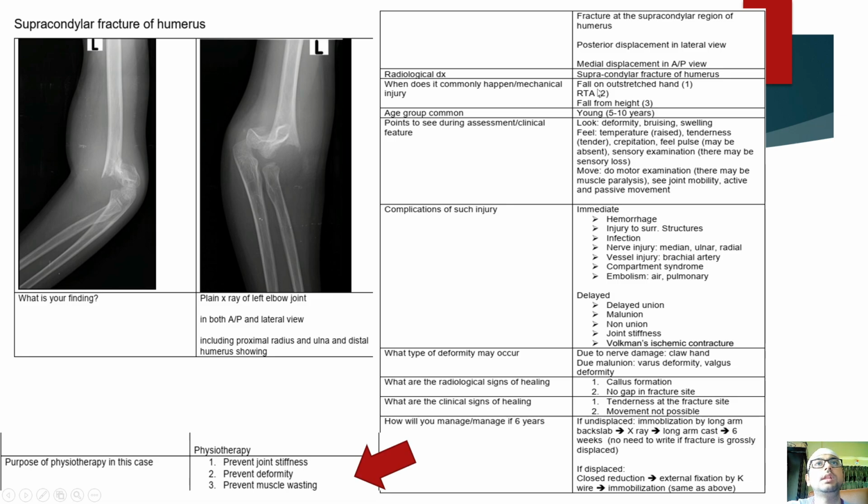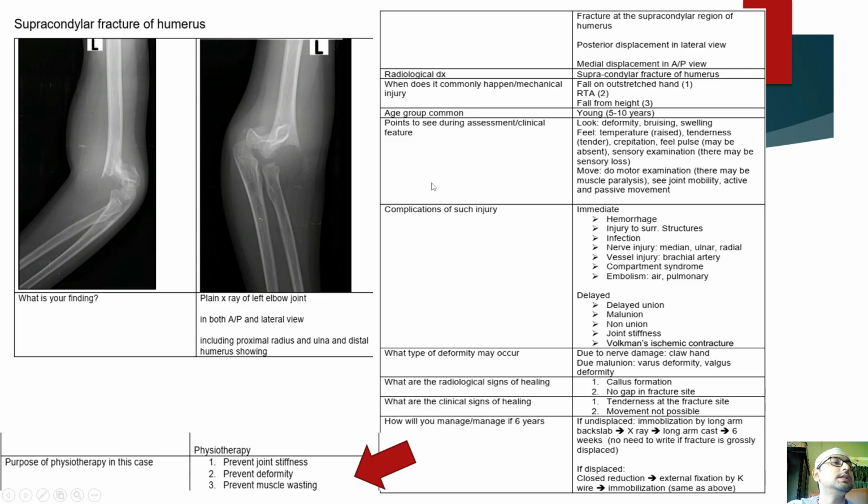Mechanical injury like fall from an outstretched hand, road traffic accident, fall from height. Age should be 5 to 10 years, because young adults and elderly patients fall due to some cerebral cause, stroke, or road traffic accident. In young adults, this is trauma or accident.